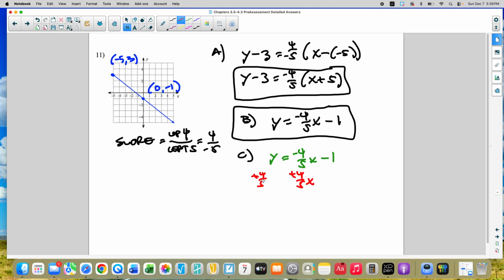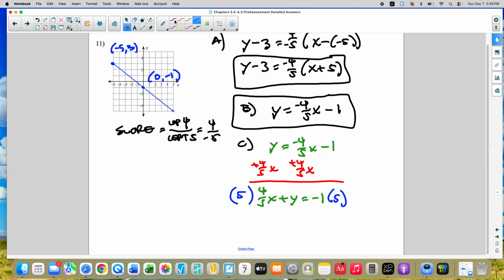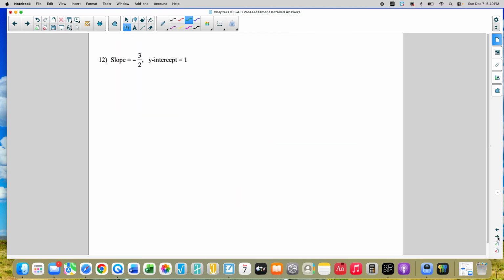That gives us 4/5 x plus y equals -1. We can't have 5 in the denominator, so we'll multiply everything by 5. And my final answer is going to be 4x, because the 5's cancel, plus 5y equals -5. Those are my 3 formulas. Oh, this is nice.